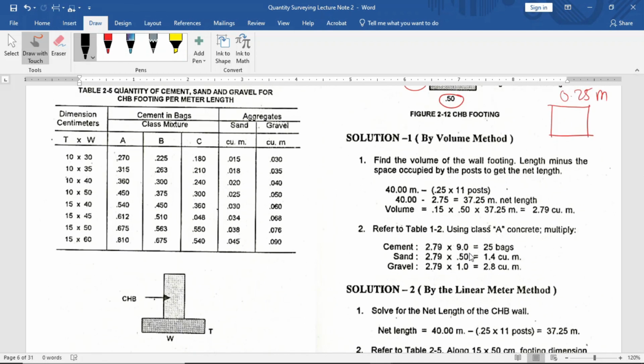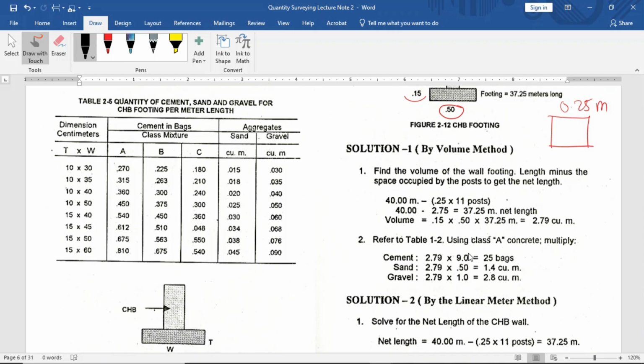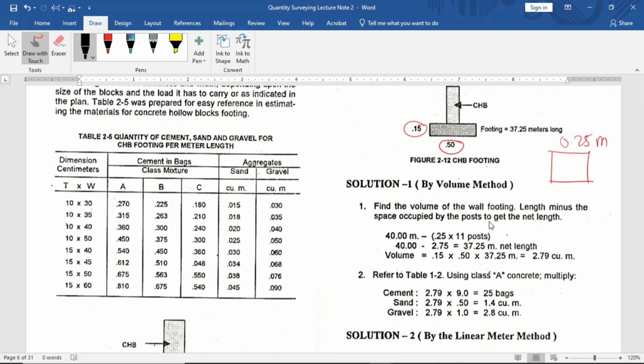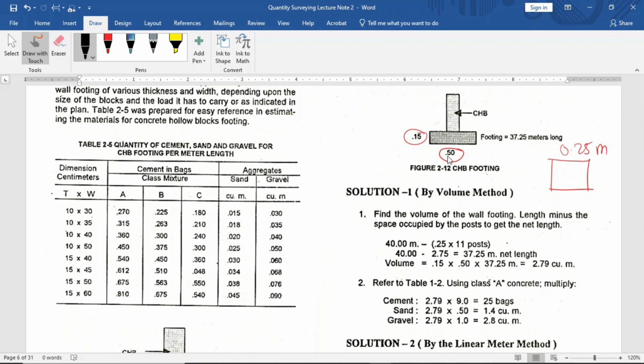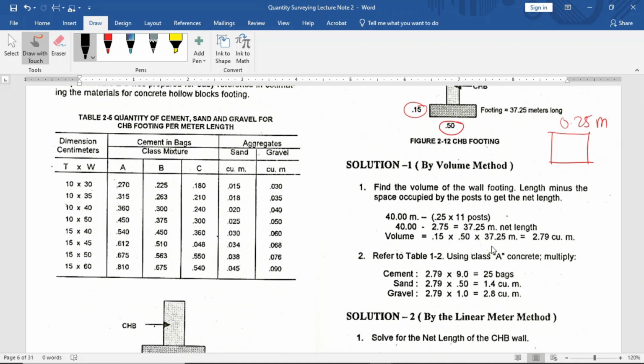So, ito na nga yung nakuha nating net length. Volume is equal to thickness times width times the length. So, 0.15 times 0.5 times the net length na 37.25 meters. Total volume is 2.79 cubic meters.